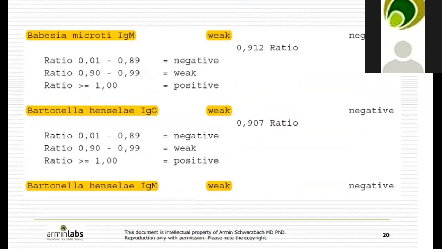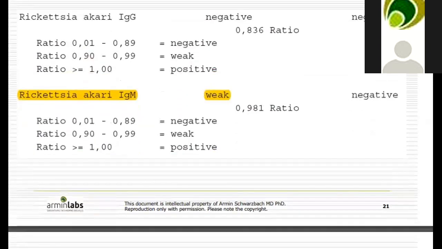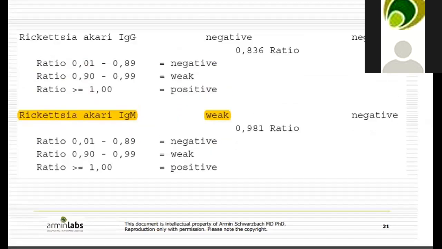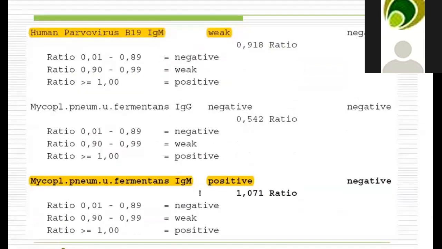The same patient also expressed in his results a weak positive Babesia IgM antibodies, and also for Bartonella weak positive. The same for Bartonella henselae, which is associated with cat scratches, also not just tick bites. And the rickettsia was negative in this patient, so that you cannot say every test is positive. In the same patient, we had also Rickettsia acari IgM weak positive. We had also the parvovirus in the next slide, you can see positive, and a clearly positive immune answer for Mycoplasma IgM.